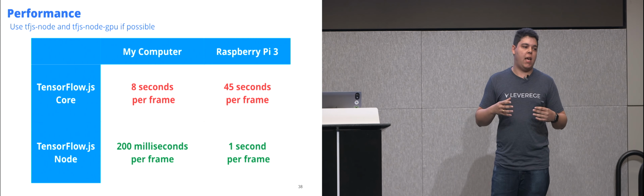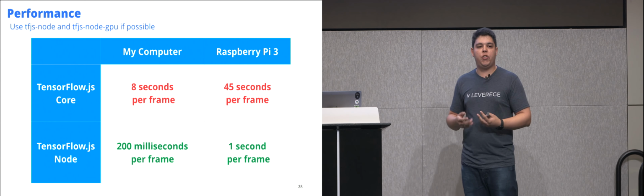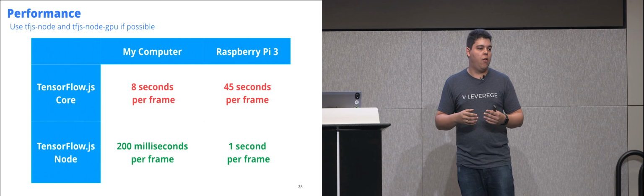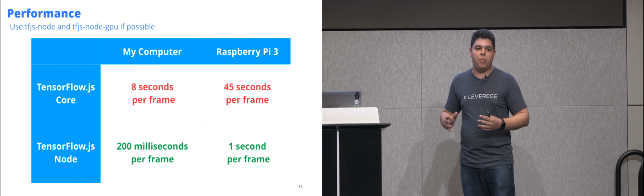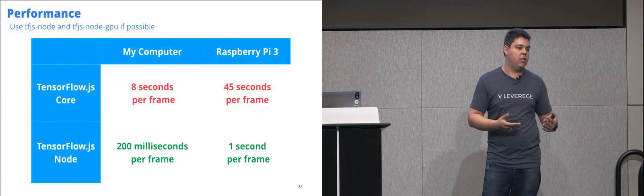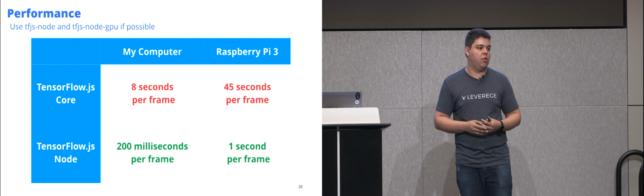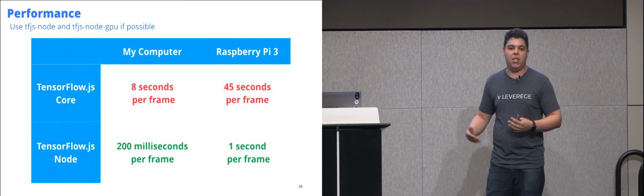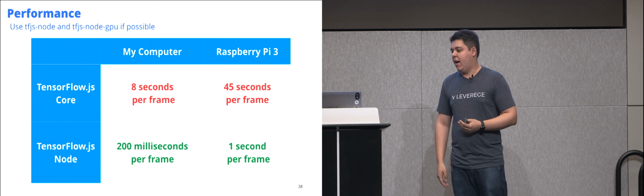TensorFlow.js has the core library, which is made with JavaScript, but they also have two other versions, one made with Node, and also a version for Node with GPU. The version with just JavaScript does not have good performance. On my computer, it was taking about 8 seconds per frame to detect the objects using this model. On the Raspberry Pi, it was even worse, about 45 seconds to classify just one frame.